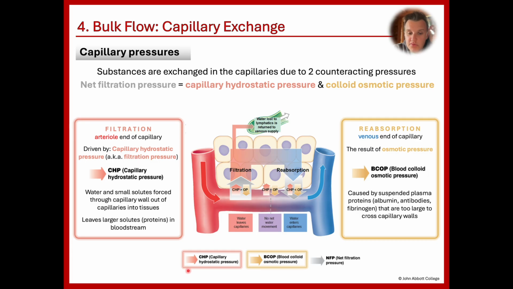Capillary hydrostatic pressure is also known as just the filtration pressure. This is basically the blood pressure. Remember the heart squeezes and puts a pressure into the straw, into the vessels. That pressure is this CHP here. The capillary hydrostatic pressure is however much pressure is in the hose, which resulted from the heart contracting.